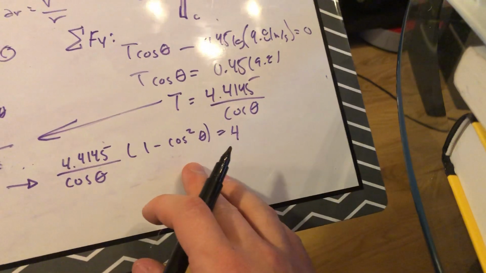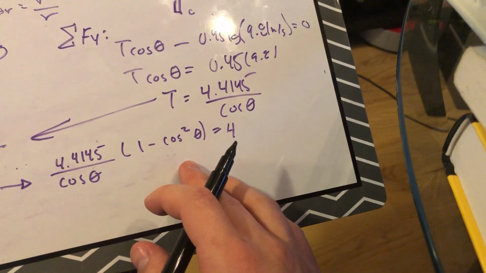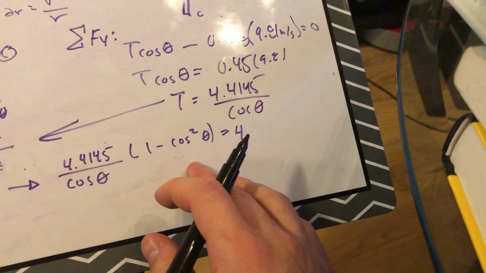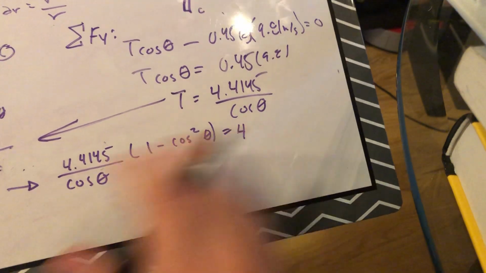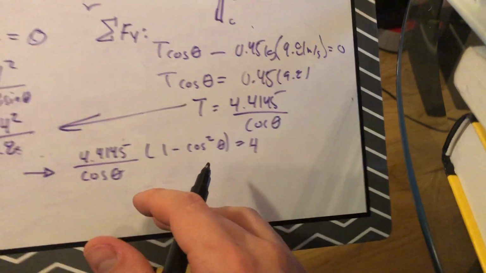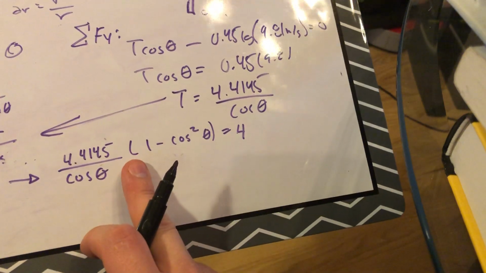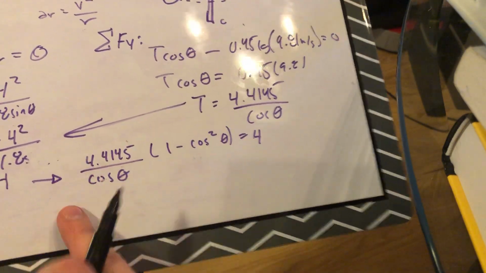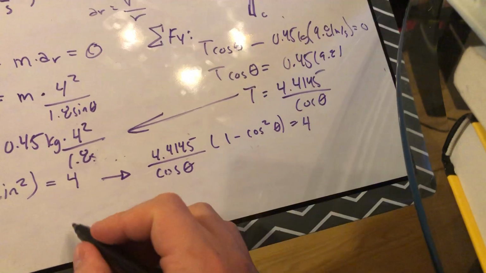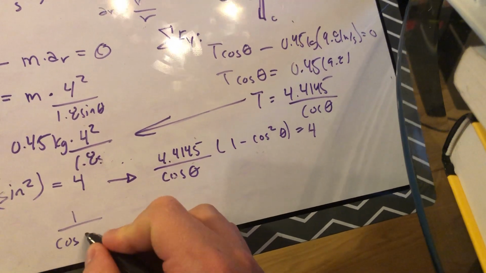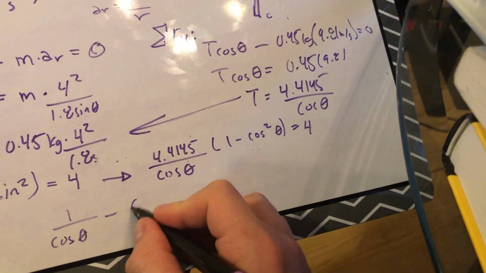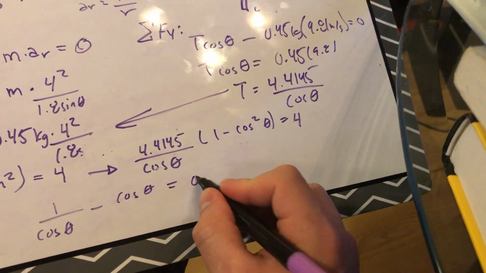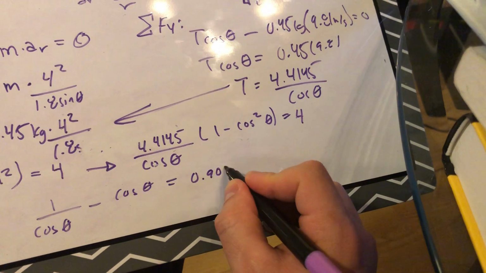So we are going to shift all this around, because it's not nice. We are going to divide by 4.4145. Now we're going to multiply through by 1 over cosine, so that's going to give us 1 over cosine minus cosine, and that's going to equal 0.906.